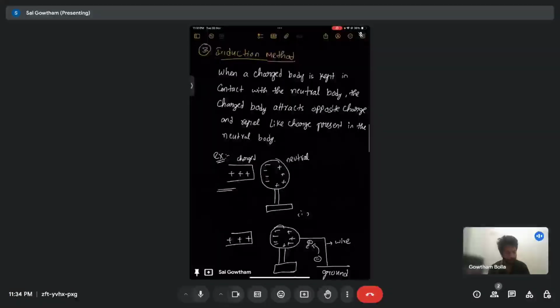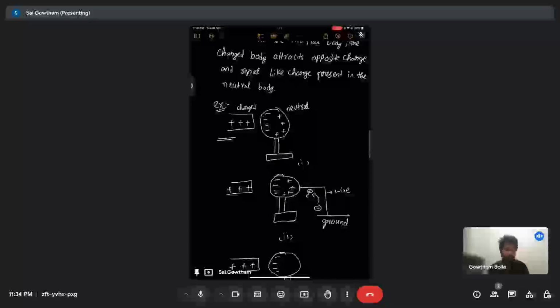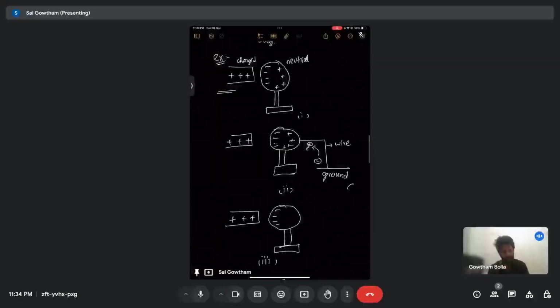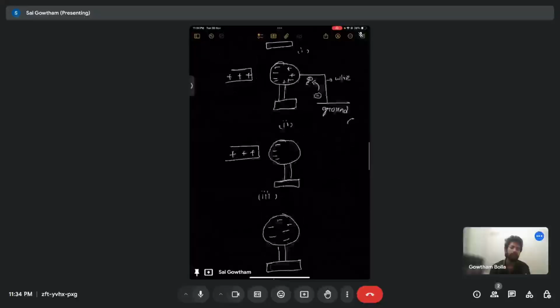Now, this neutral body is earthed to the ground with the help of a wire. The excess or deficient of charge will be compensated through grounding. And after that, if we remove the grounding, then the negative charge over here was attracted to the positive charge in this manner.